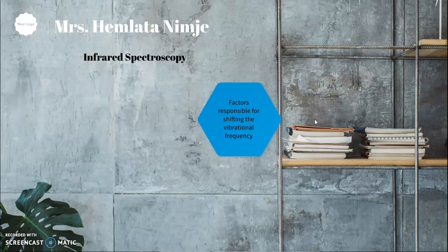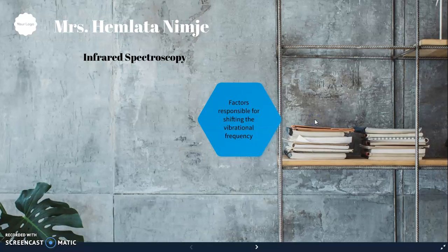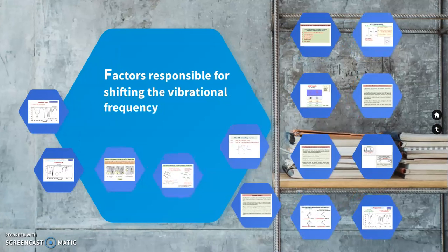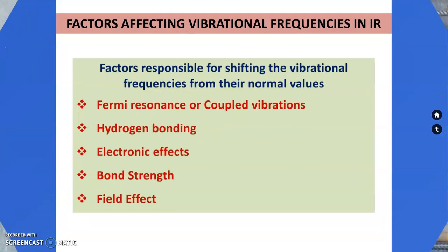Here, I am going to present the factors responsible for shifting the vibrational frequency. I am going to discuss the factors which are responsible for shifting the vibrational frequencies from their normal values.